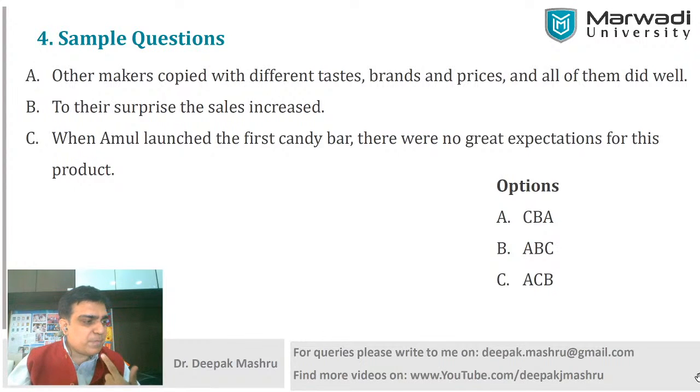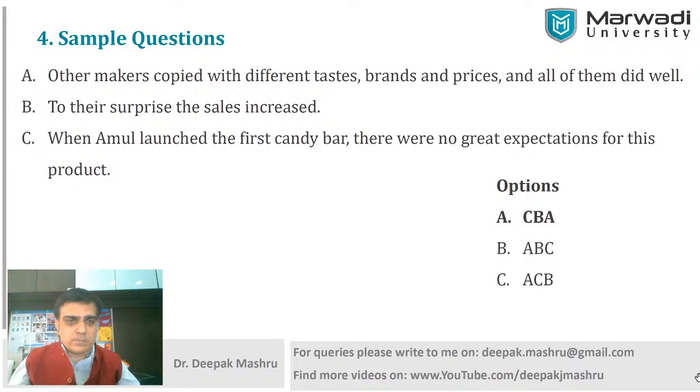So which action happened first, which action happened next, and which was the last one? This is CBA. C is "when".